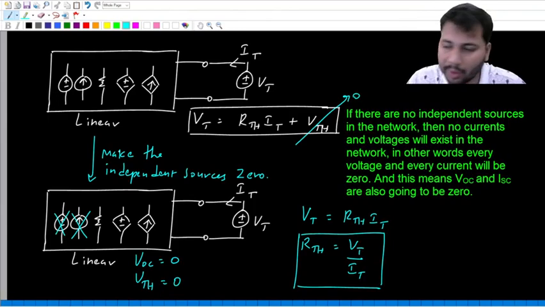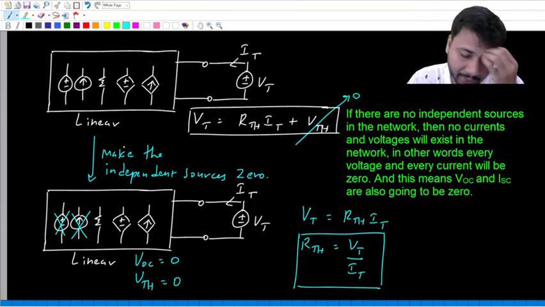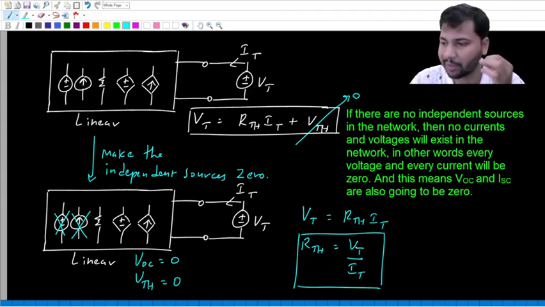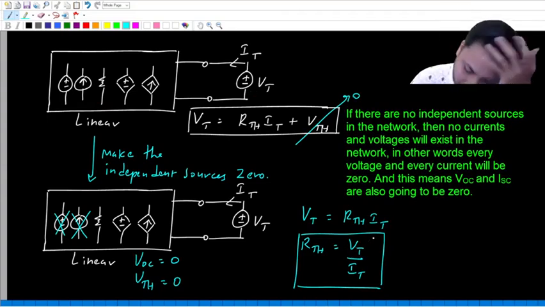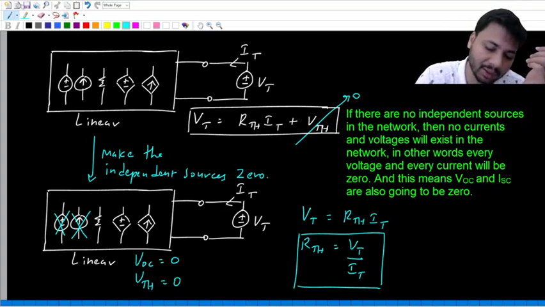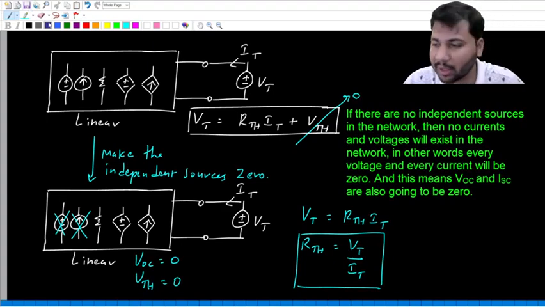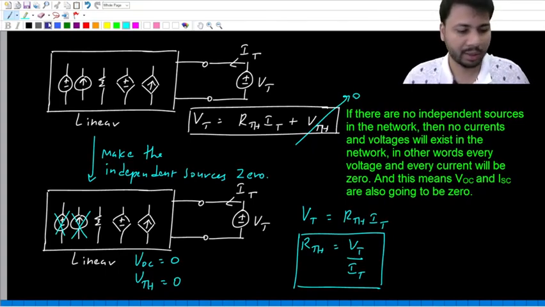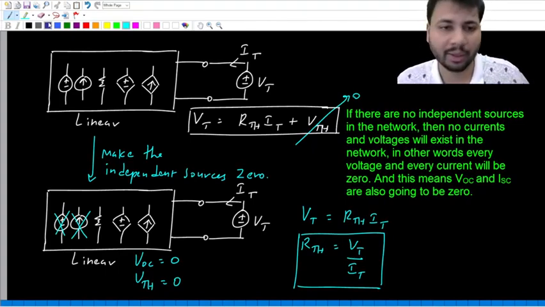If I give you a network and ask you to find only the Thevenin resistance, you can simply connect a voltage source Vt outside the network, make all the independent sources within the network 0, and find the ratio of Vt to It. That is the Thevenin resistance. This is the universal method of finding the Thevenin resistance of any network, and it will work without any exception.